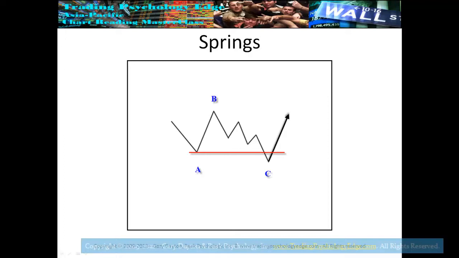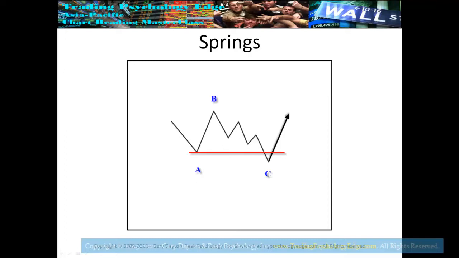And what happens to the market is that it dips underneath the low put in over at A, not the close or the high or the middle of the bar, but the low of the bar. It dips underneath that, and usually within a bar or two or three, the market will turn around and come back up and close back up above the low of A. And that will be a spring.